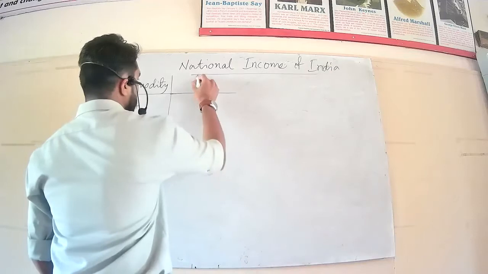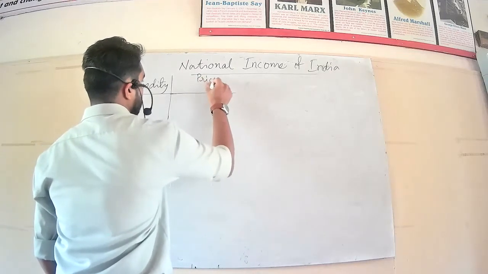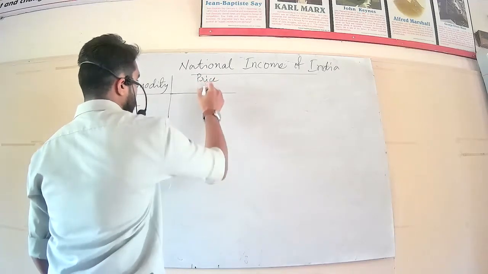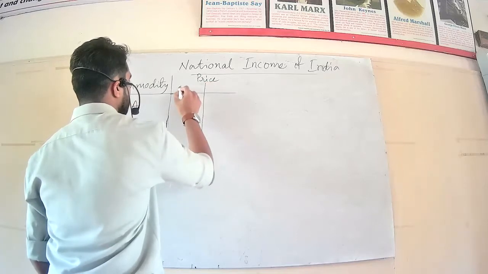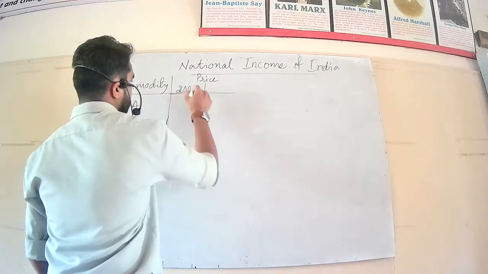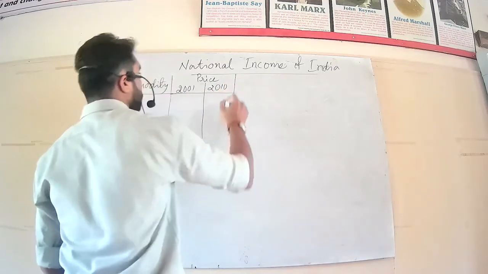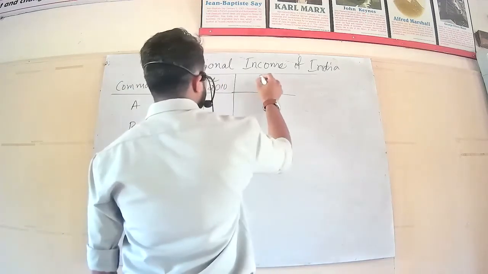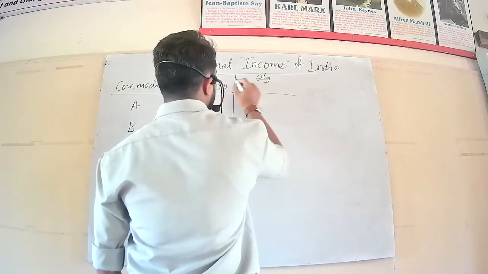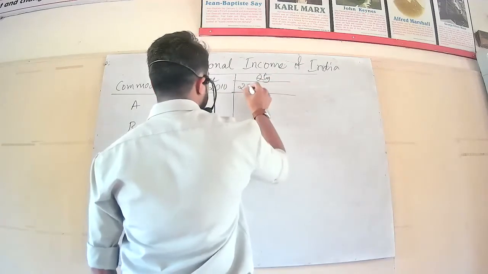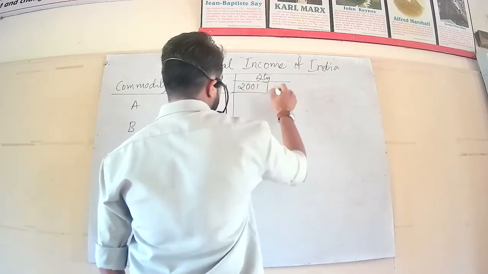In the second column, we have the prices in the years 2001 and 2010. In the third column, the quantity of production for the same years.